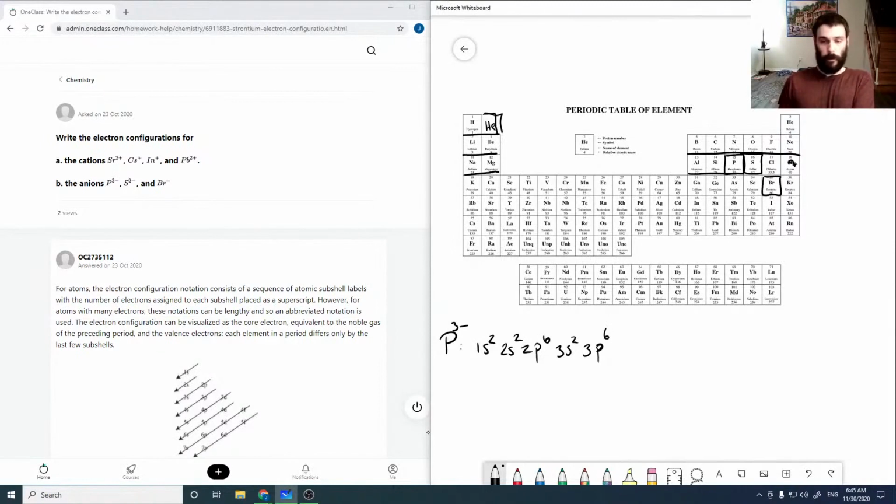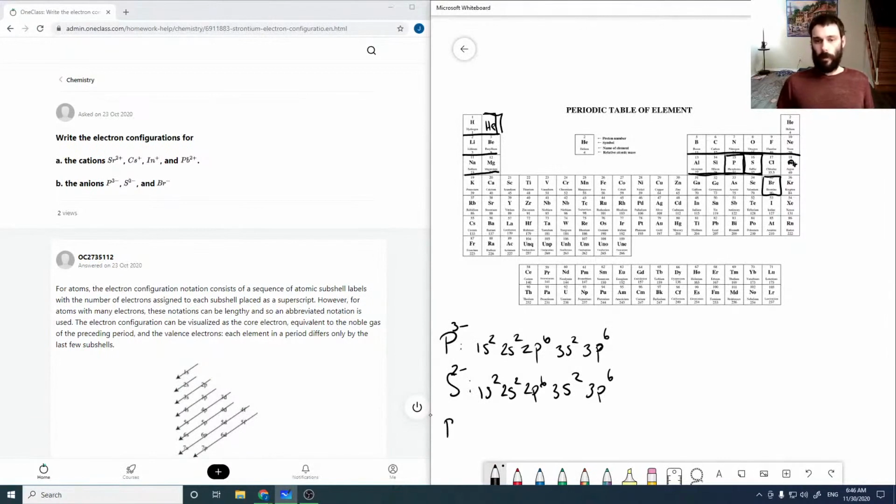Okay. So then the next one is S. So for sulfur, it's pretty much right next to phosphorus. So it's 1s2, 2s2, 2p6, 3s2, and then 3p, counting right up to where sulfur is, 4. Now to get 2 minus, we add 2 electrons. And so it's the exact same configuration.